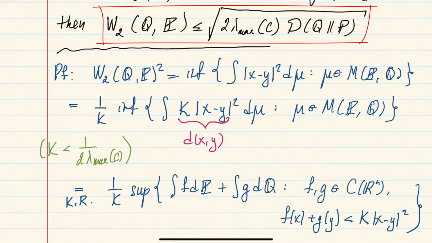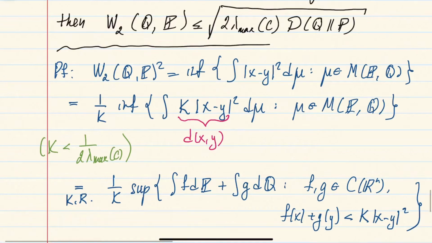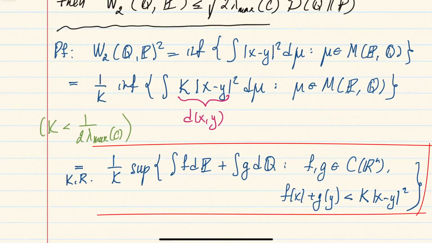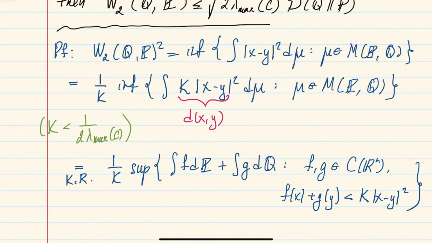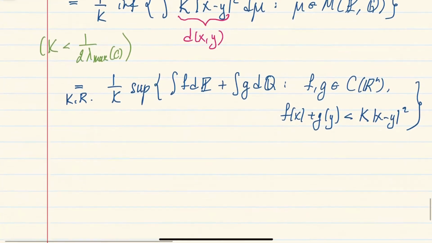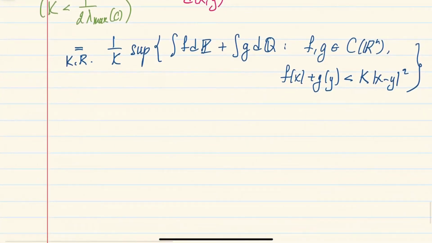that we are trying to prove here, instead of the definition, instead of the infimum, now we will try to control this supremum, and we'll see that it can be bounded by exactly this square root of Kullback-Leibler divergence. So somehow we need to use this condition here on this pair f and g, right?